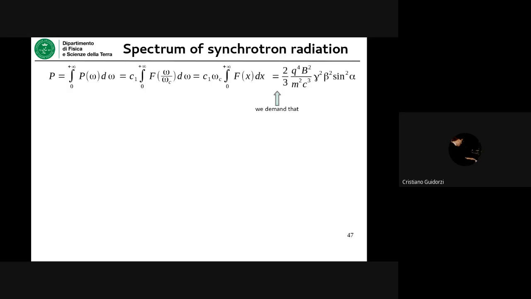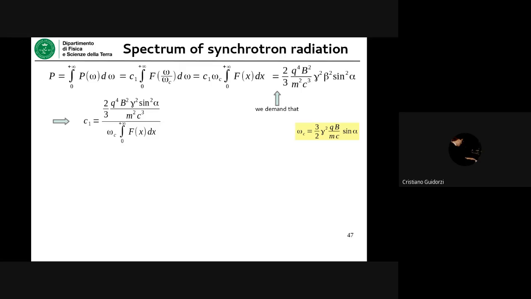If you get back to the first slides that I showed you today, that's exactly it. So we demand that it has to be satisfied. But this automatically determines the value of the C1 constant. So the C1 constant is just that.